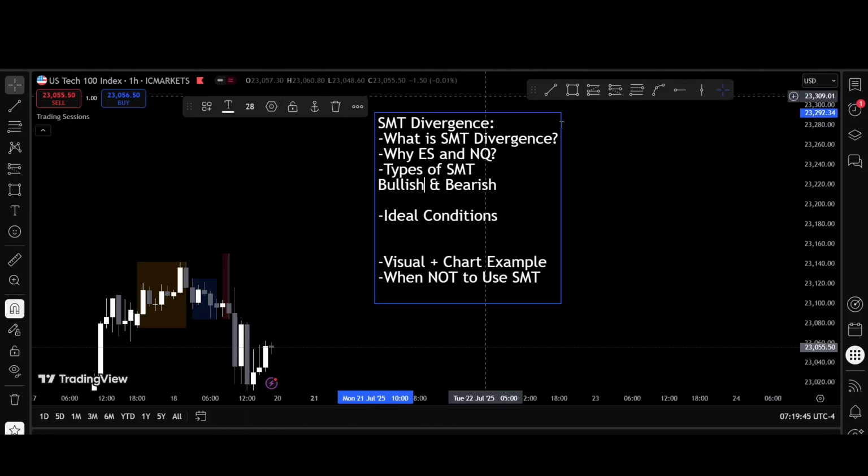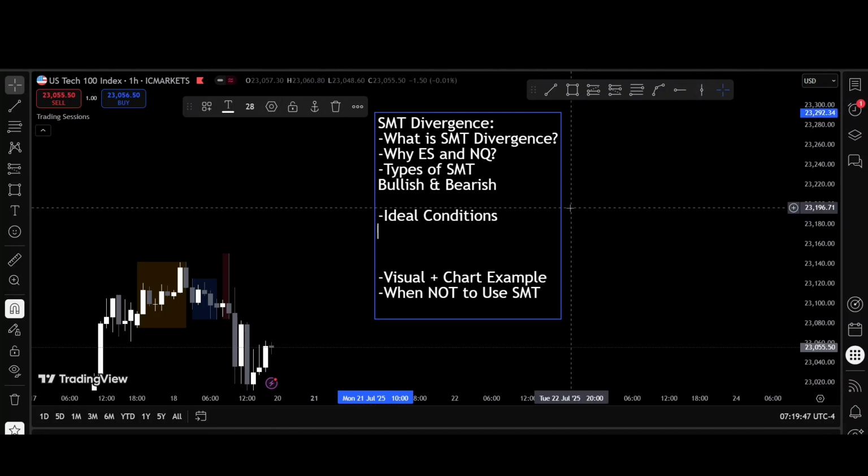Now, for the ideal conditions, which is where we want to take the trades, firstly, you want to be trading at your key areas.